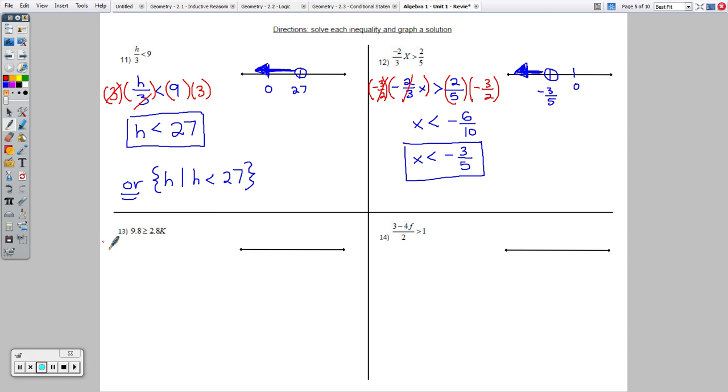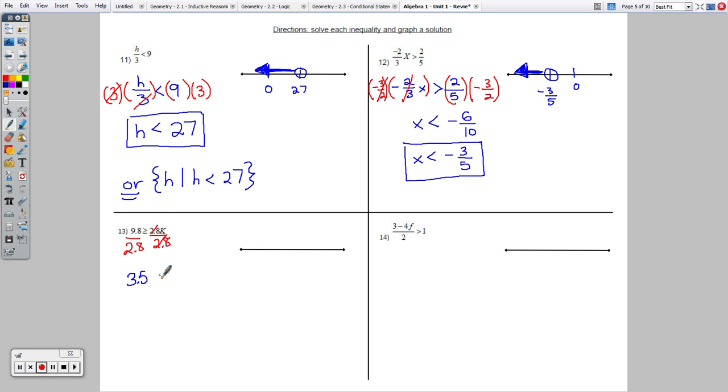Number 13, we're dividing here by 2.8, and we have k as our variable. This will go away, and that would leave me with, I've done the work on this one already. You could use a calculator for something like that. But this is 7/2, or as a decimal, 3.5.